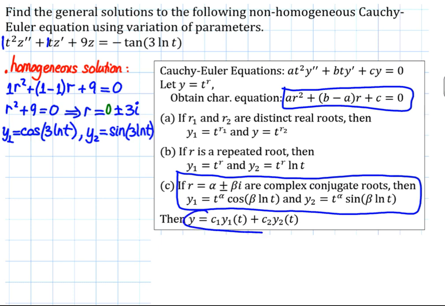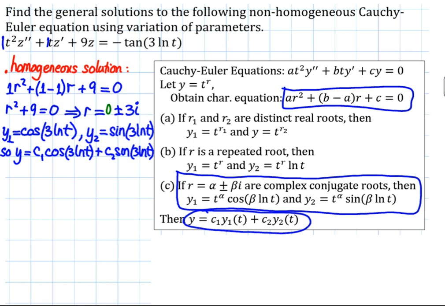And then we have the solution, which is that.